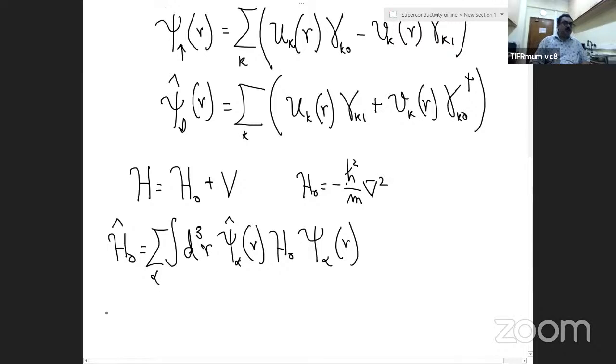Now the interacting part of the Hamiltonian. For this I need to make some approximation, and that's again the same approximation as before. But before that, let me just write the interacting part of the Hamiltonian. It essentially is an interaction between, let's say, two particles at r prime.